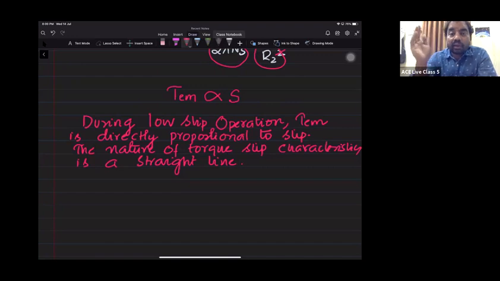You have to imagine from this point going back. Load is increased, then obviously speed decreases.